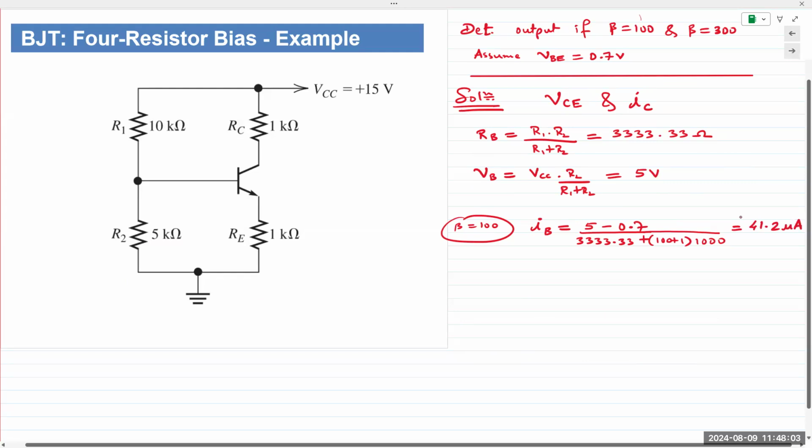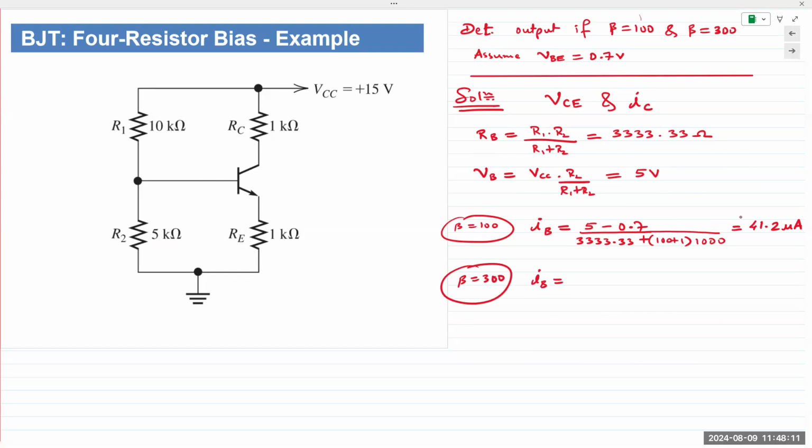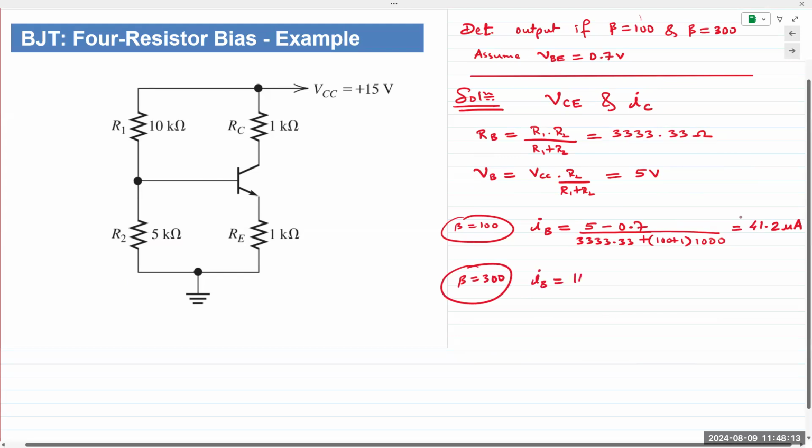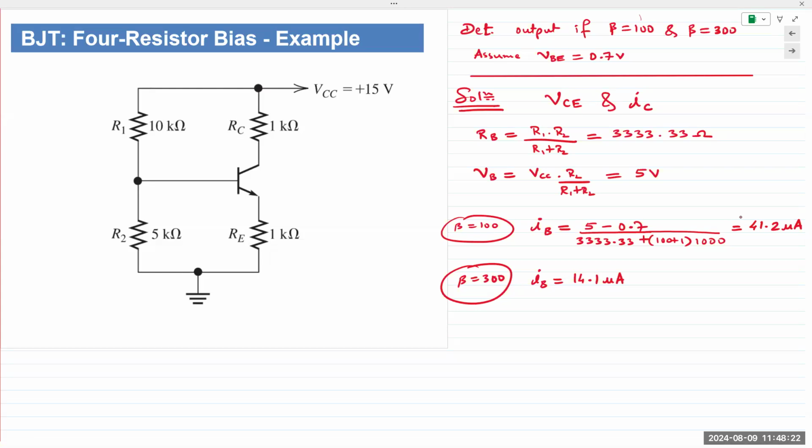Do the same thing for beta is equal to 300, and you obtain an IB value of 14.1 microamps. So think about how the circuit has changed.